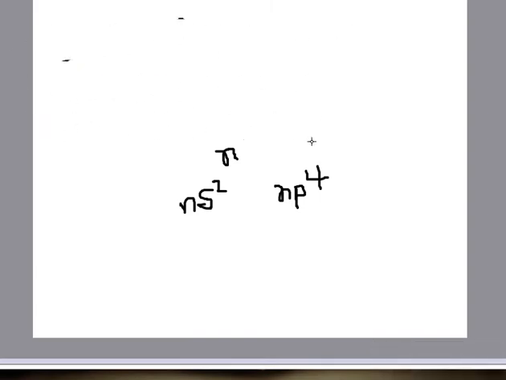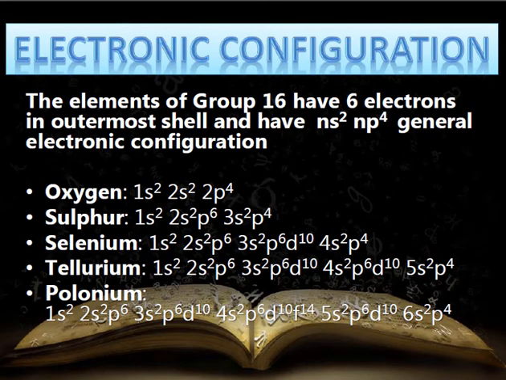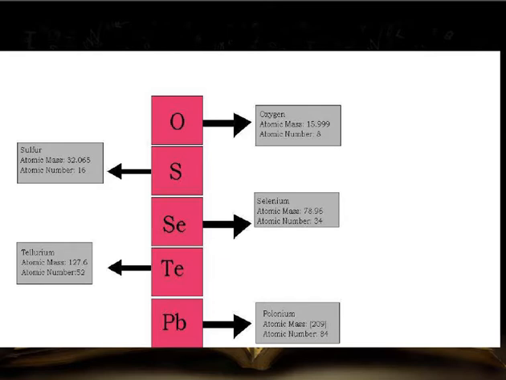Now I'm going to talk about other things about the p block element group 16. As you can see, there are elements like oxygen, sulfur, selenium, tellurium, and polonium.